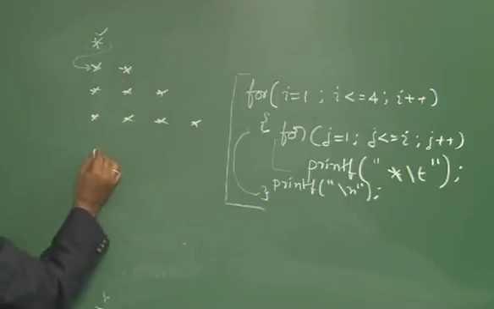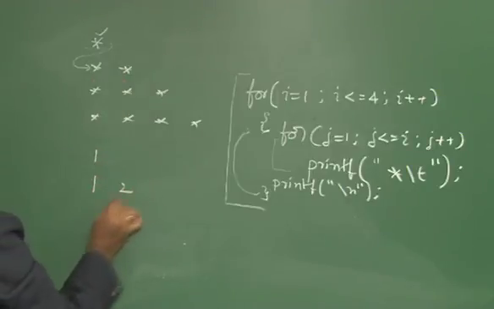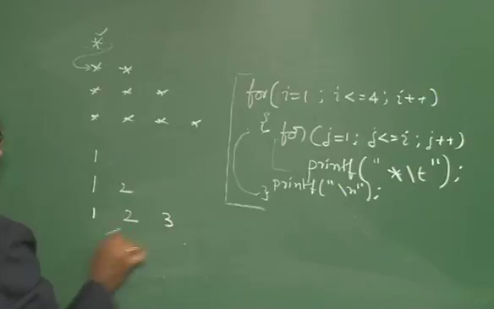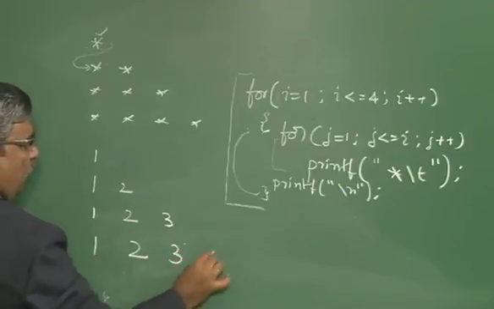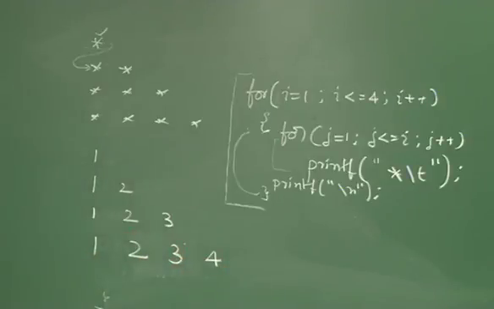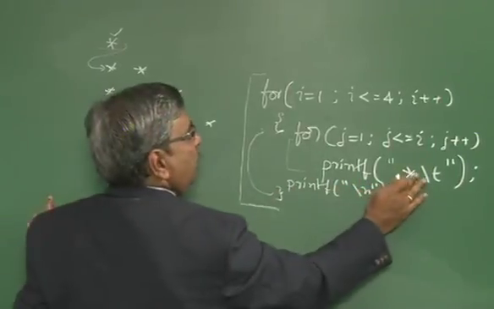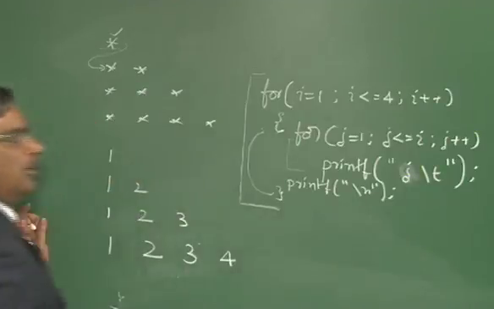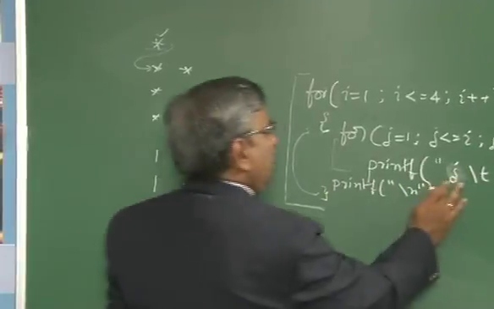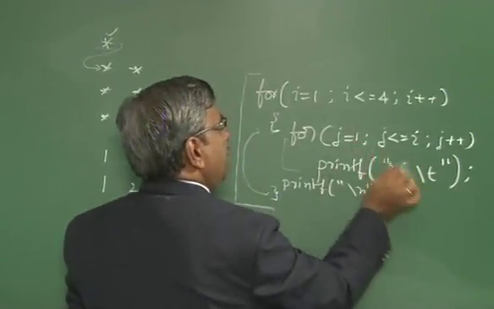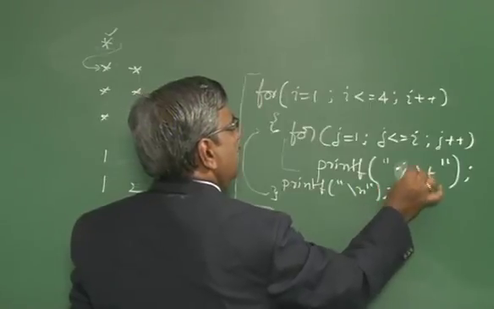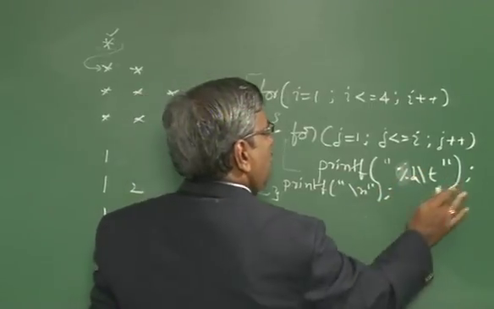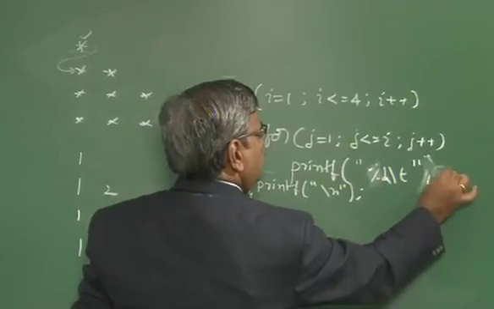Instead of this, you want 1, 1 2, 1 2 3, 1 2 3 4. This is the output you want to print. Instead of the star, you just replace it with the value of j. In order to print j, you know that j is a variable of type integer, so use %d, put a comma, and print the j variable.